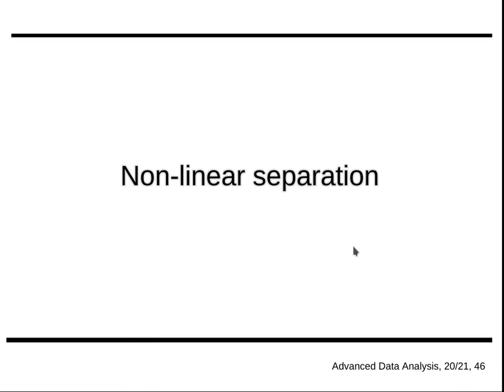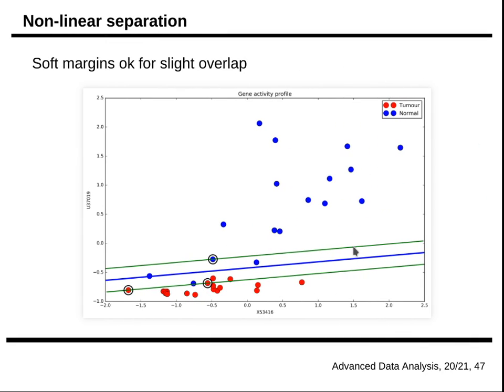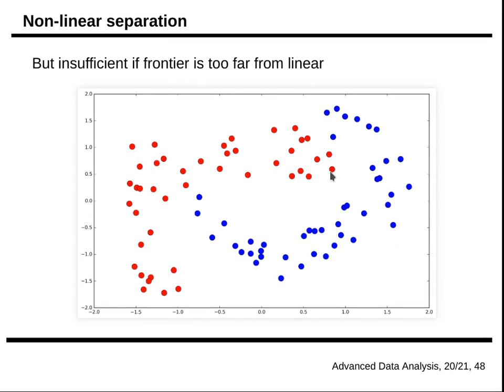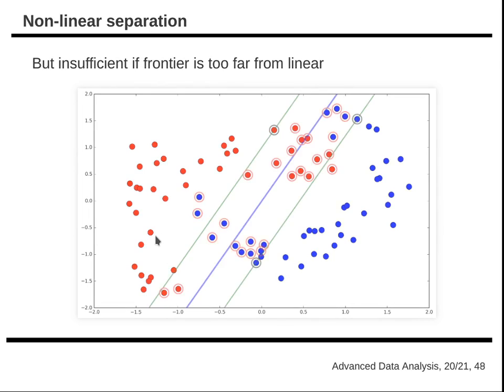Now, this solves the problem of finding a solution when the classes are not linearly separable, but it's not really good if we have something like this. So if we have frontiers that are very far from linear, if we try to solve it just with soft margins, we can get a solution, but this is a very poor classifier which makes a lot of mistakes here.